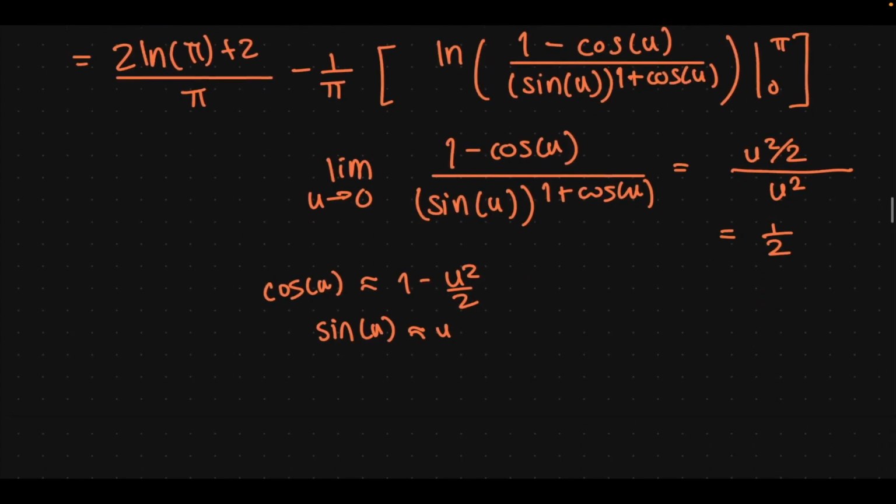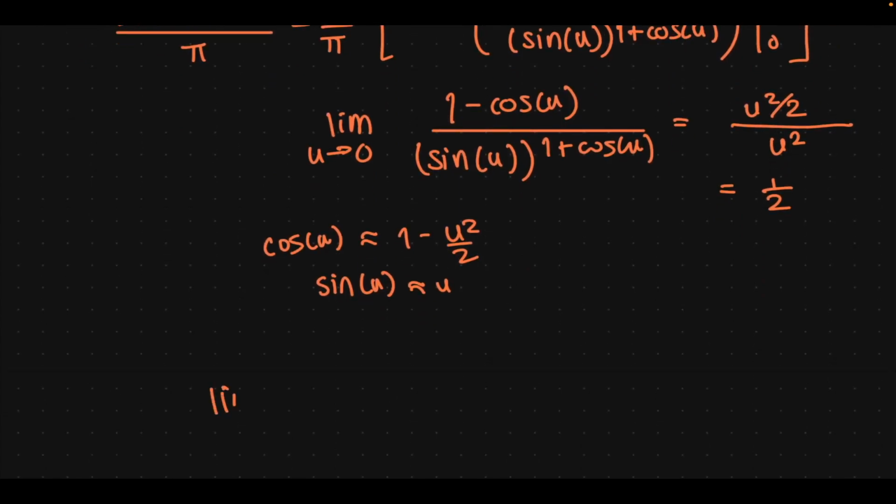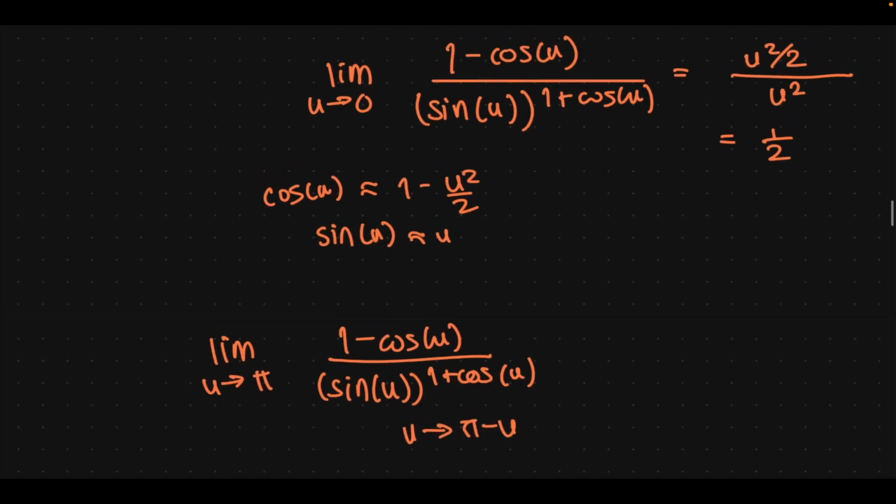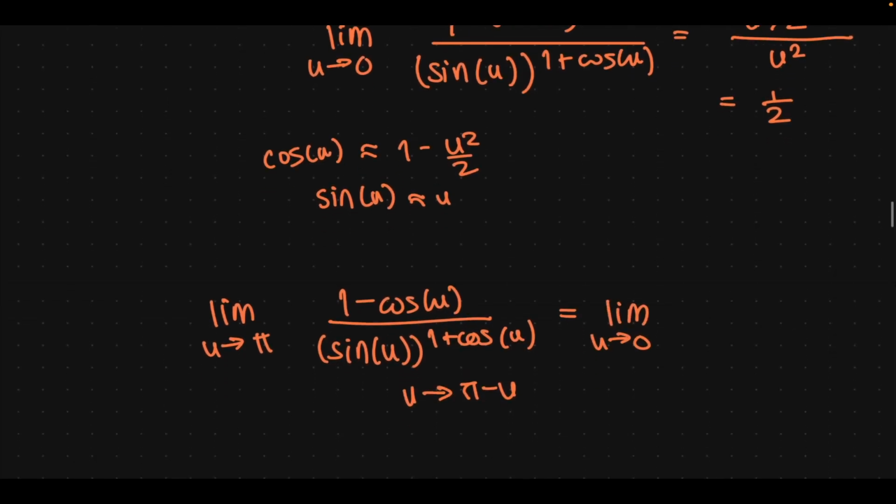Similarly, when we have the limit that u goes to pi, 1 minus cosine u over sine of u to the 1 plus cosine u. We can do a change of variables here. U goes to pi minus u, and what that does is just introduce a minus. We get limit as u goes to 0, but that changes the minus for the cosine to a plus, and a plus to a minus in the power of the denominator.